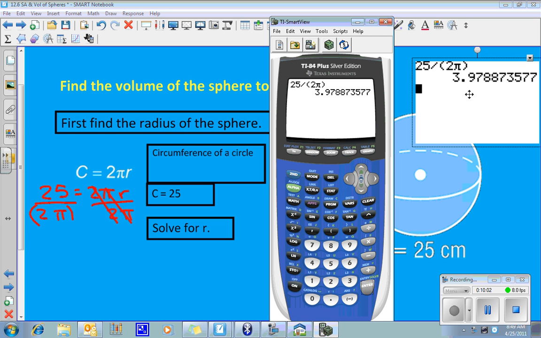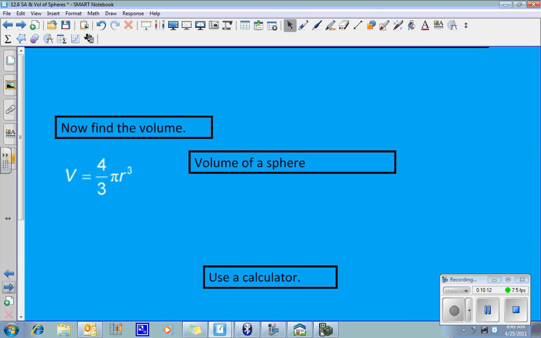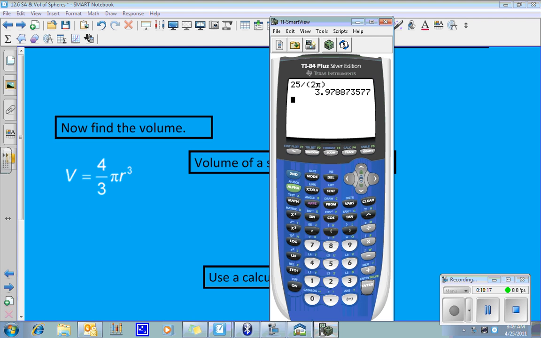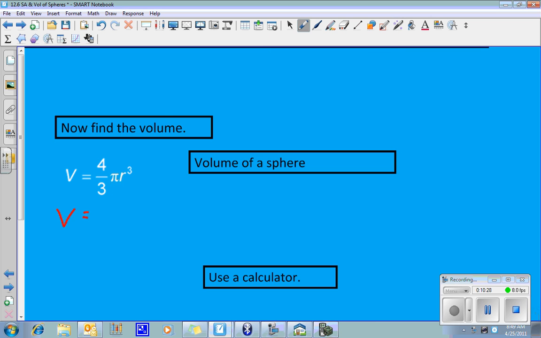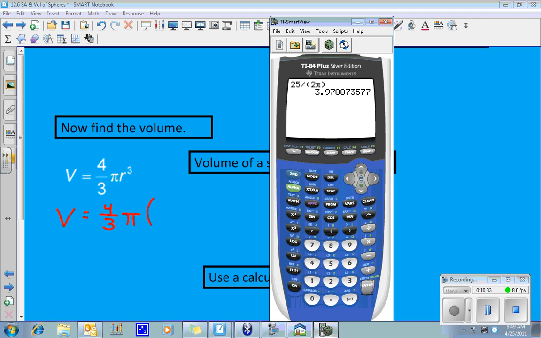Again, you don't want to round too early on your radius because you're going to have to use that in order to find the sphere. All right, so now we're going to use the 4/3 pi r cubed, and we're going to substitute in the radius. Now, I'm going to round on the board, but I'm going to keep the radius in my calculator. So 4/3 times pi times, now we said that the radius was like 3.97.